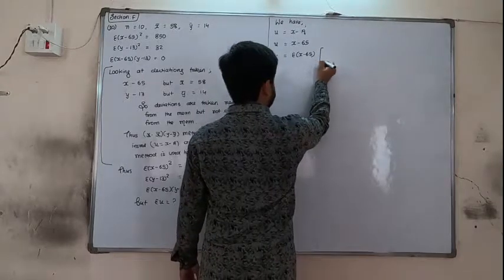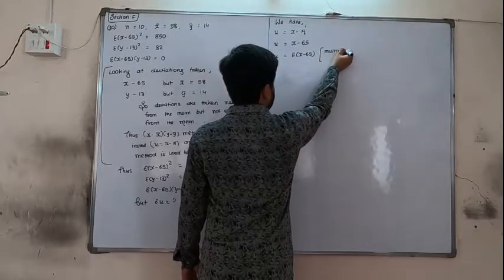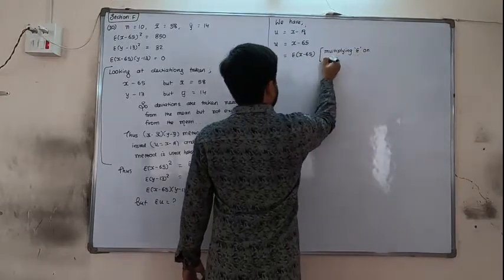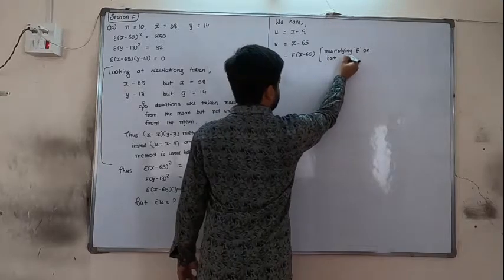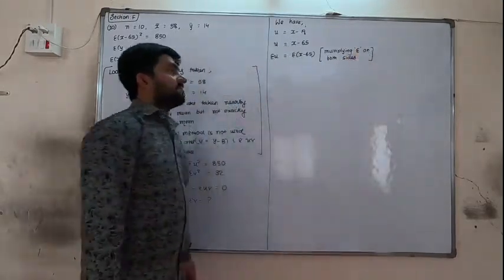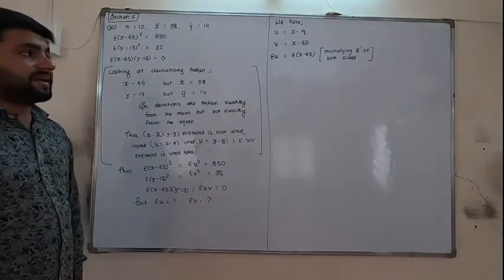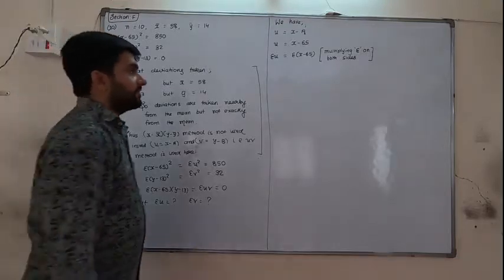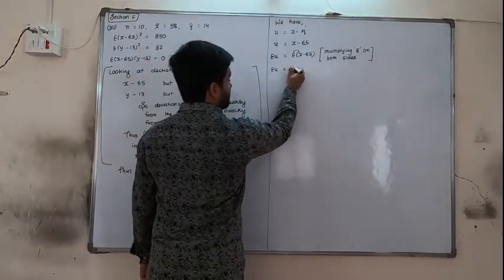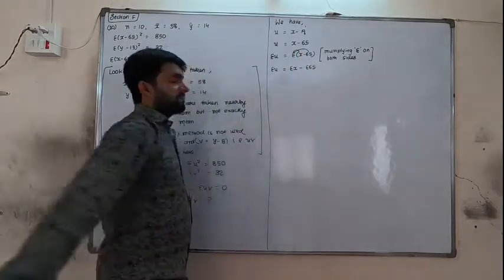What have we done? Multiplying sigma on both sides. So sigma u is equal to sigma of x minus 65. Sigma u is equal to sigma x minus sigma 65.